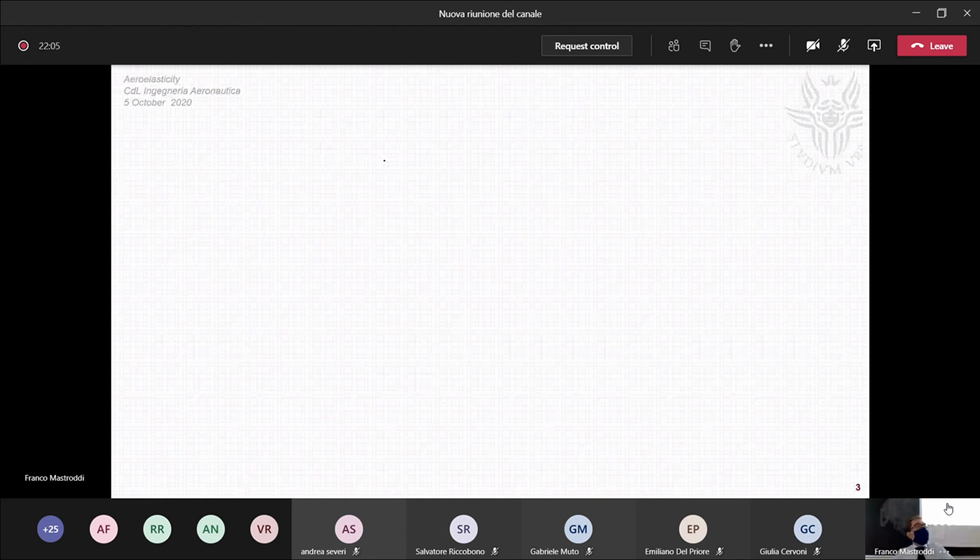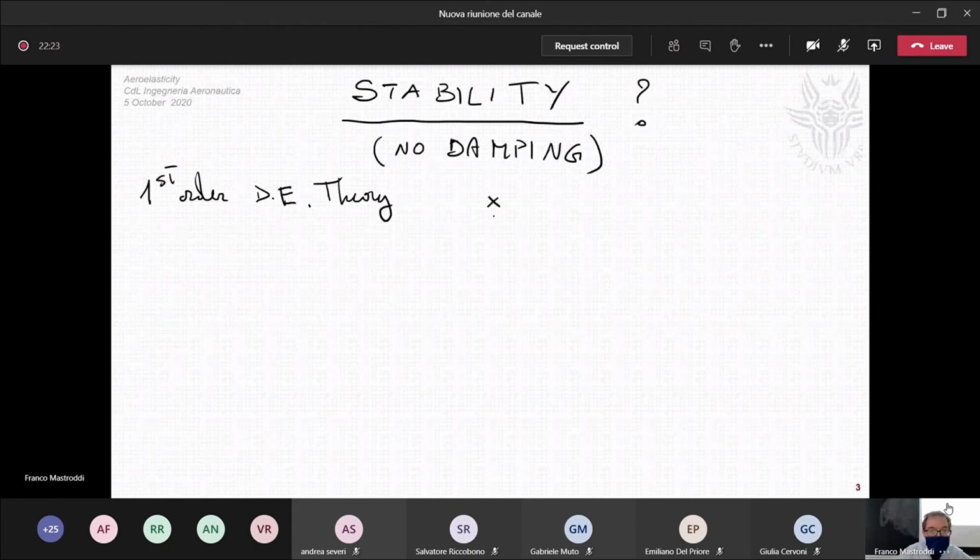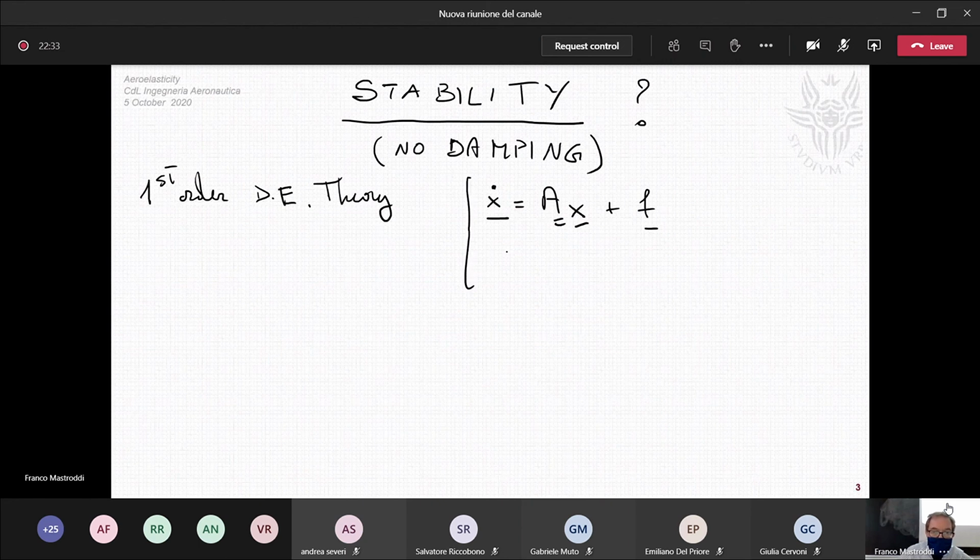Just a fast review of stability. When you consider the first order differential equation theory, you have a standard state space form like this, x dot, everybody knows this, plus a forcing term, by including also the initial condition.